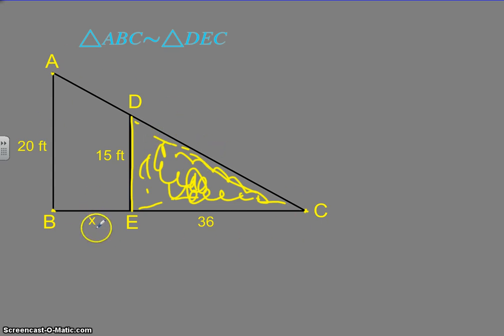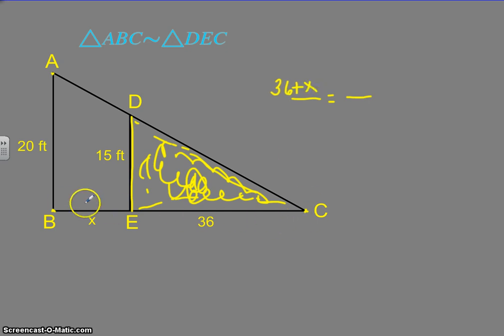So we want to find x, and we're going to set up a proportion. Okay, so we're going to start with this large triangle. Now the large triangle is BC. That's a length. Well, x is not the length of BC. X is the length of BE. So what is the length of BC? Well, it's 36 plus x.